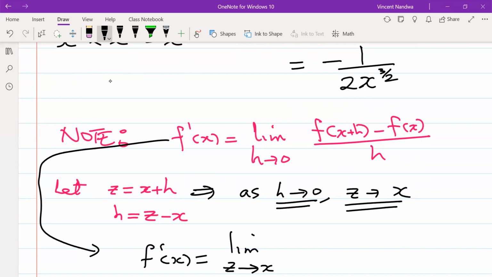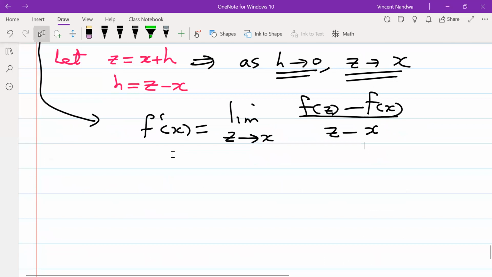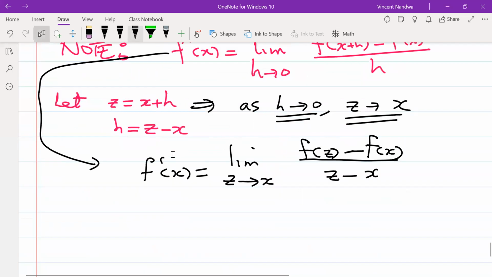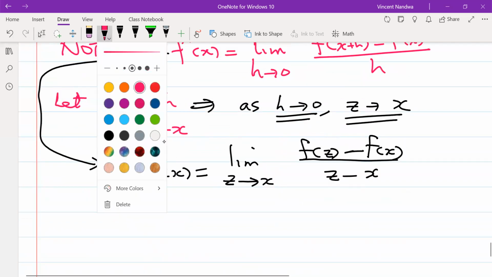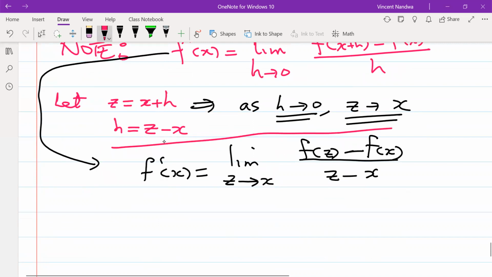And then where there's f of x plus h is given by z, you write f of z. And then you leave f of x the way it is. And then h is the same as z minus x. So this is another way of redefining the same definition in 1. So this has the same meaning as what we have in 1.